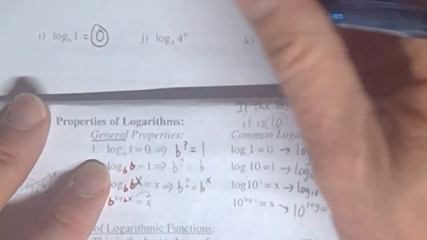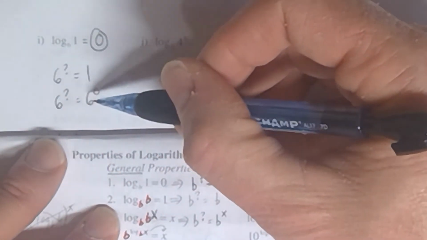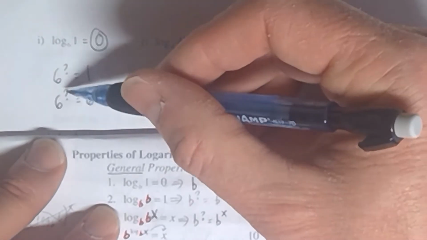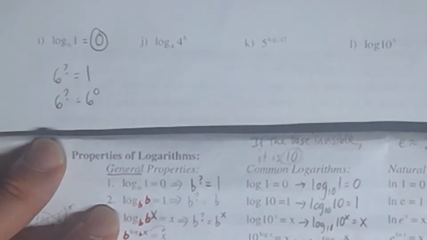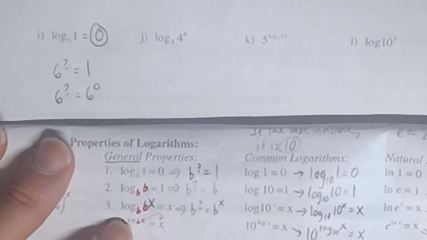You don't have to write down the work right here, but I'm going to just for practice. This is asking 6 to what power is equal to 1, isn't it? But when your product term is 1, the only way that can happen in this situation is if the exponent is 0. So if you make the product term the same base as the base you started with in the log, which is 6, the only way that'll happen is if that exponent is 0.